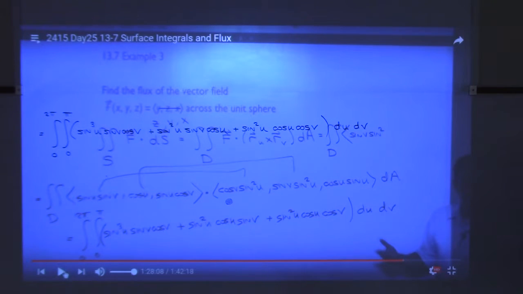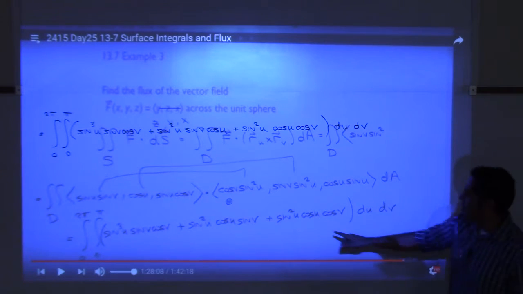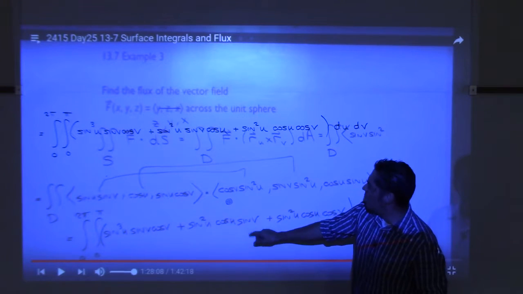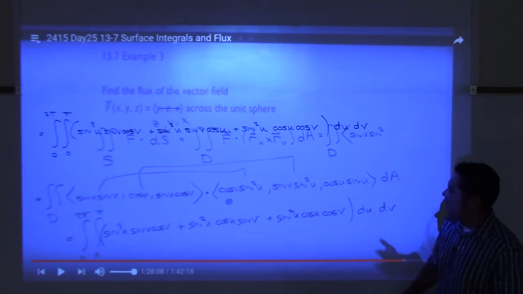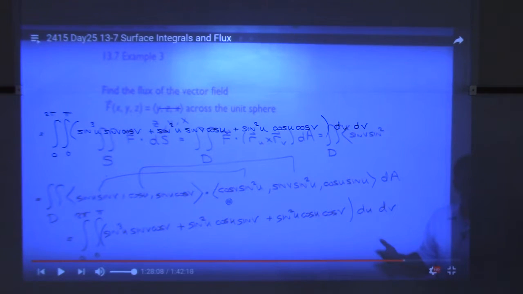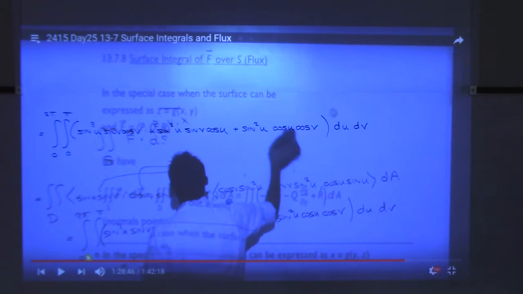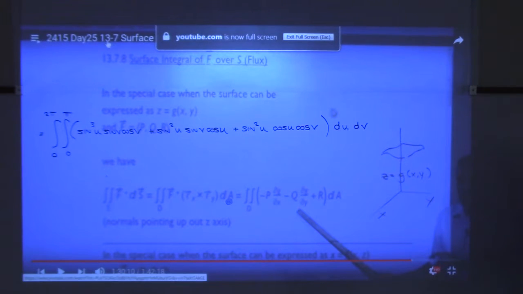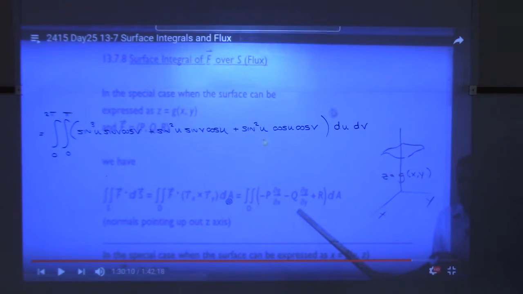Okay, sine squared cosine v, and then is that a V or U? Oh, no, it's cosine U. Okay, this looks like the same thing, doesn't it? Let me see if I took this any further. Doesn't look like it. I didn't do it. Okay, so I want to keep it consistent, so we'll just leave it at this.